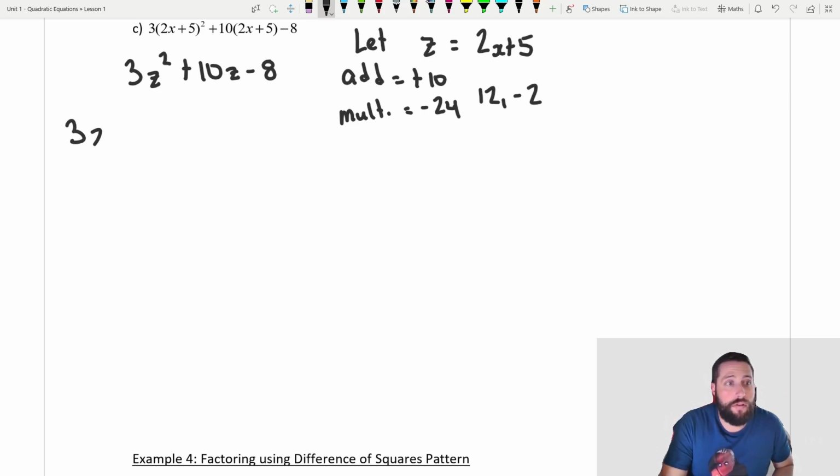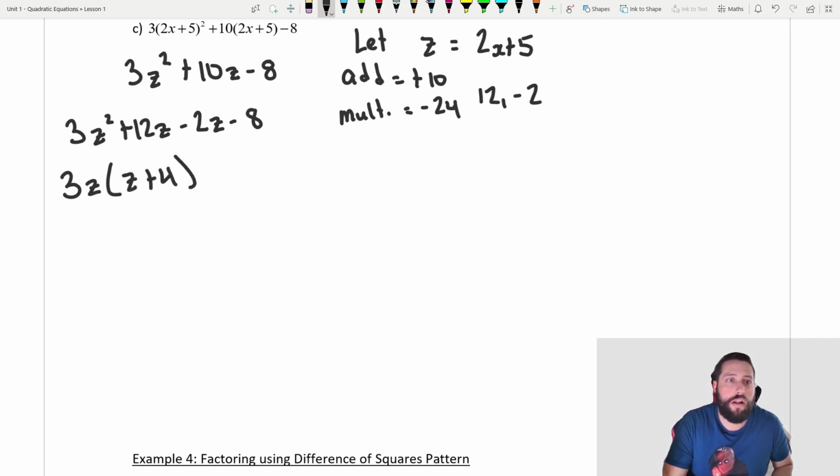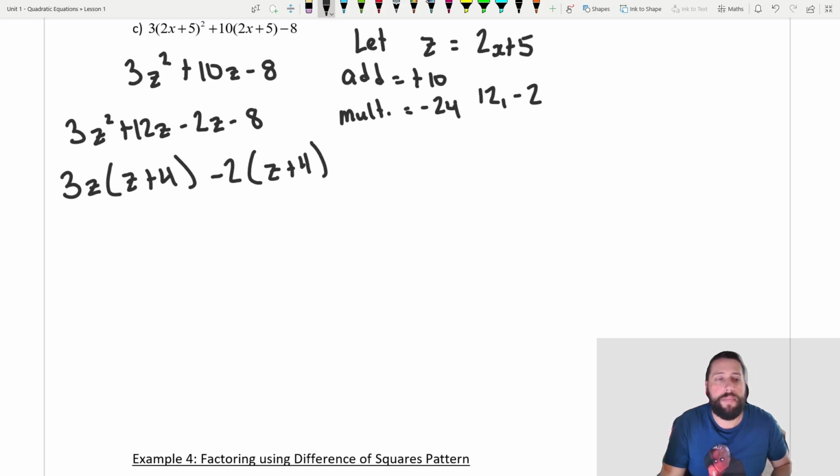So we'll get 3z squared plus 12z minus 2z minus 8. Separate the 2 and factor. So this is going to be 3z, and in the bracket we have z plus 4. And then we're going to factor out a negative 2. This will be z plus 4 as well.